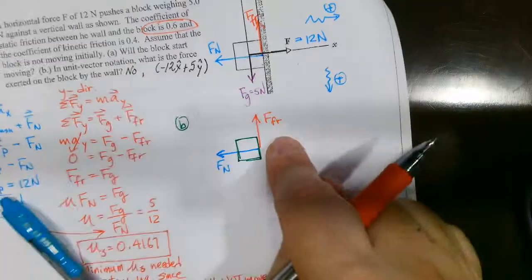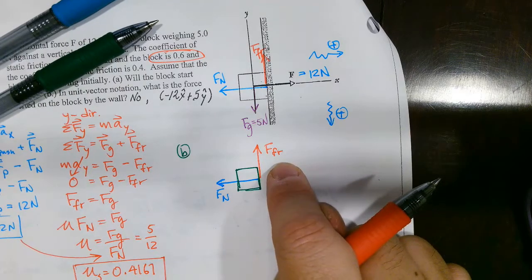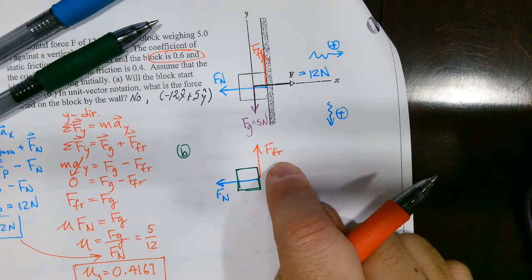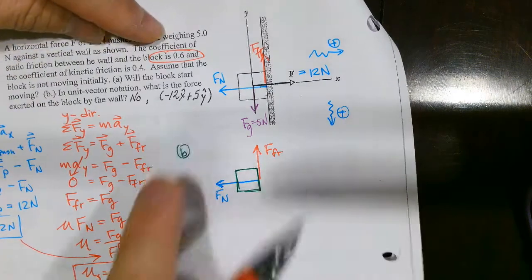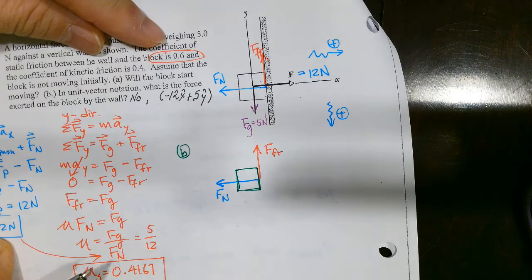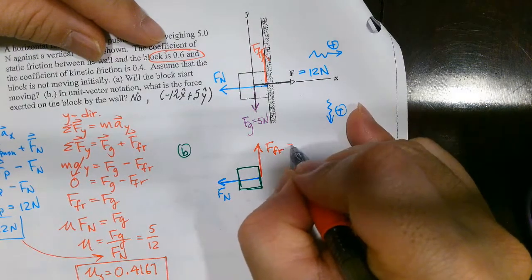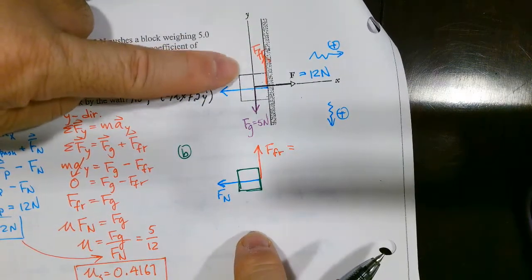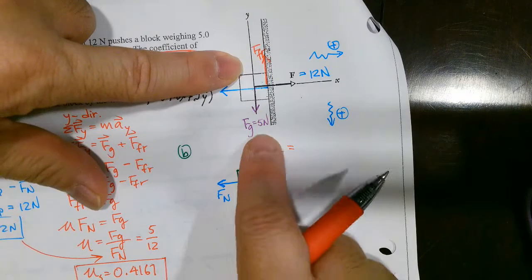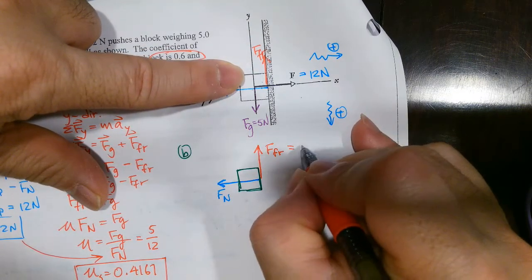Your frictional force can be calculated to be like 7.2 newtons, because 0.6 times 12 is 7.2. But the actual value at this particular instance is only 5 newtons.